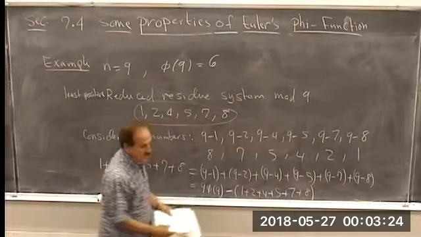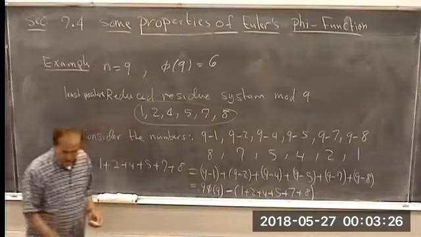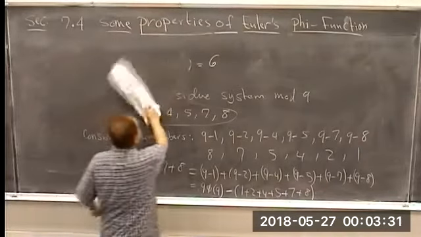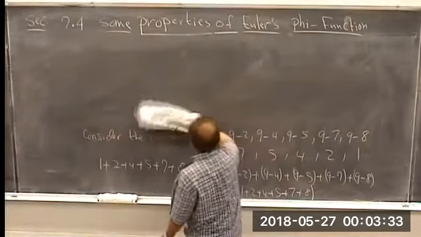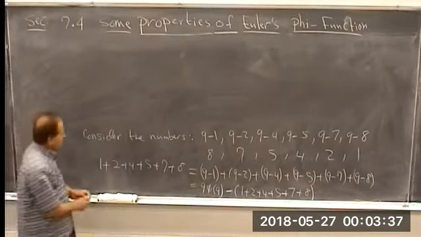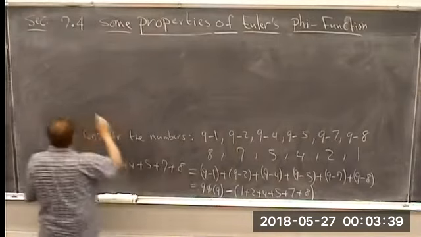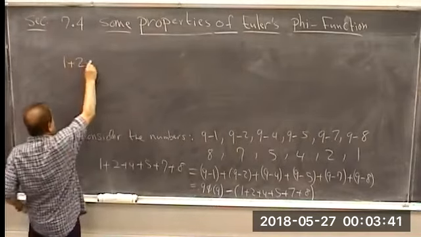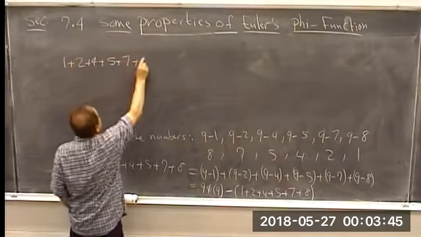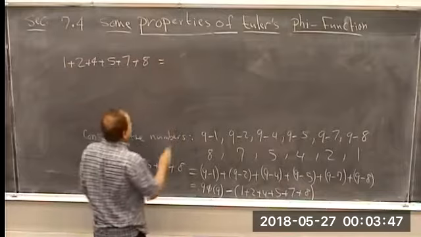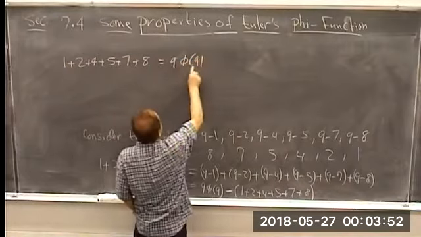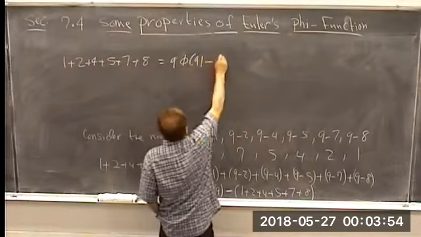Now we have this equation which says that 1 plus 2 plus 4, 5, 7, 8 is the same as 9 phi of 9, because this is 6, minus those numbers.